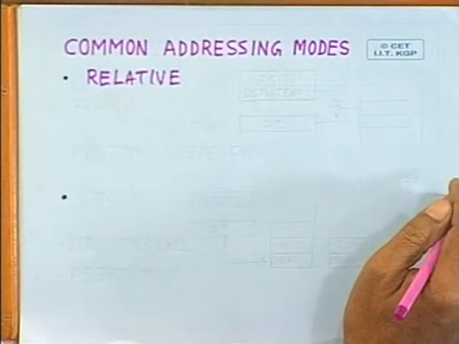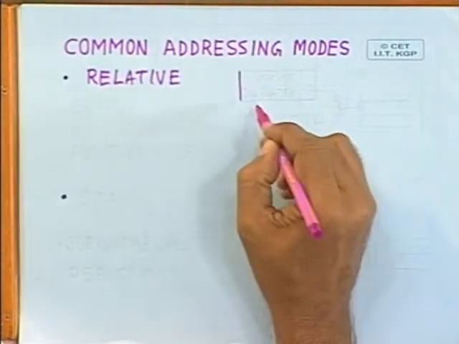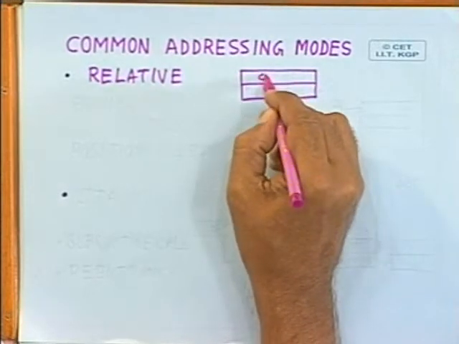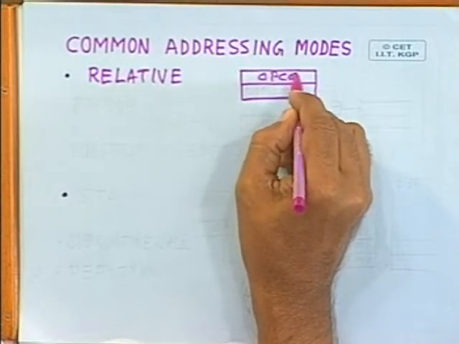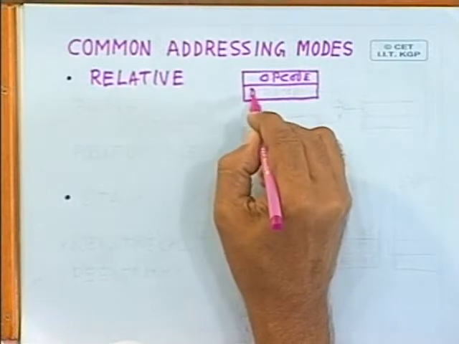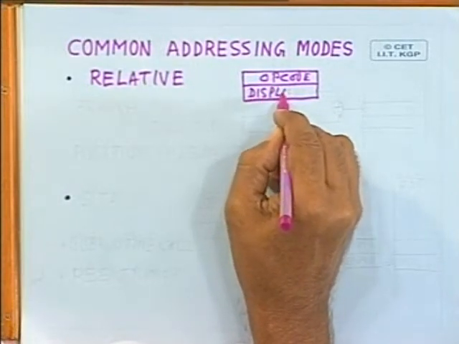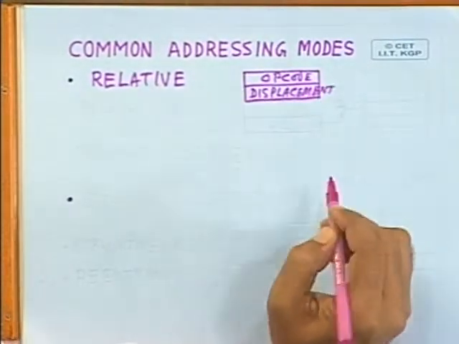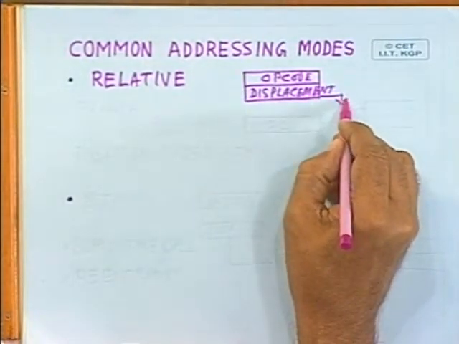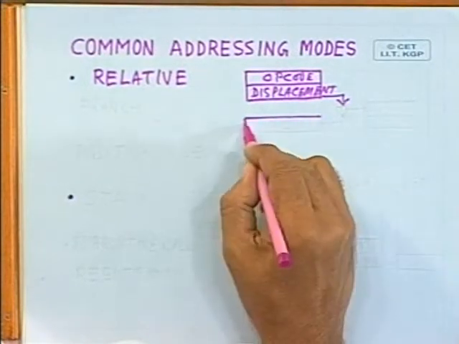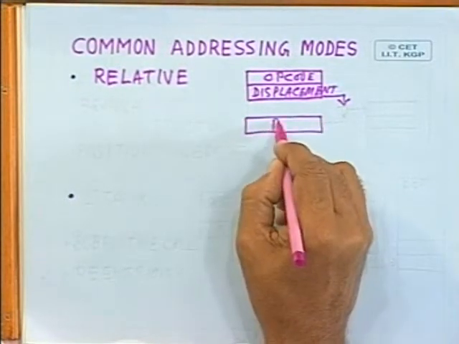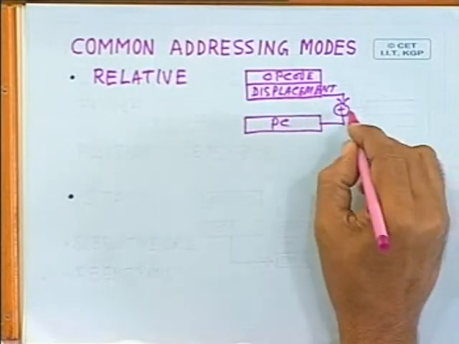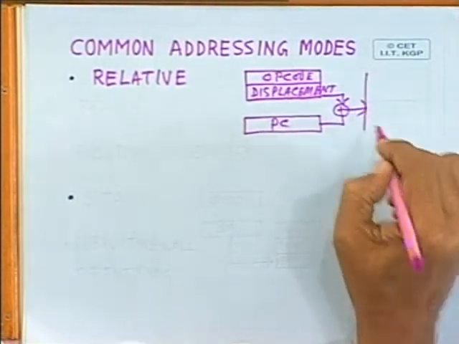In relative addressing, as part of the opcode, you are providing some displacement. This displacement is added with the program counter to generate the effective address.